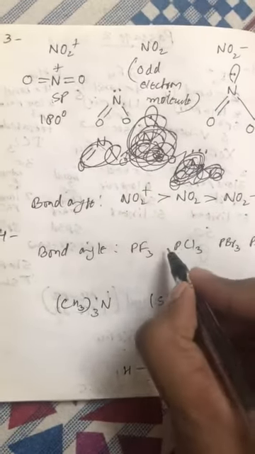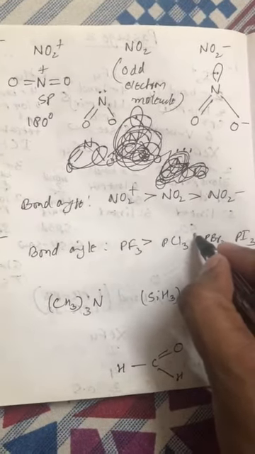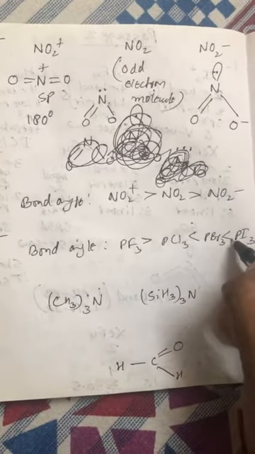Question number 4. Bond angle of PF3 is greater than PCl3, but bond angle of PCl3 is smaller than PBr3. Bond angle of PBr3 is smaller than PI3.